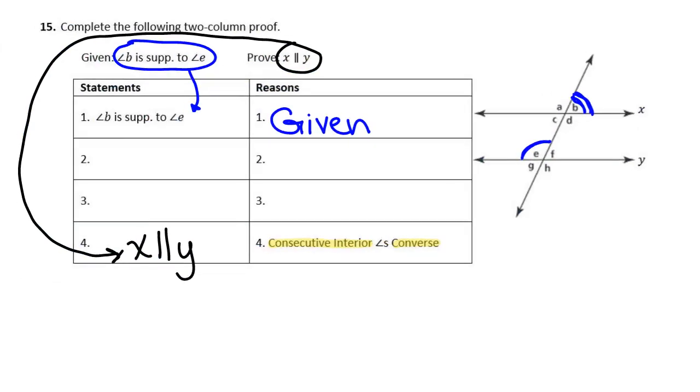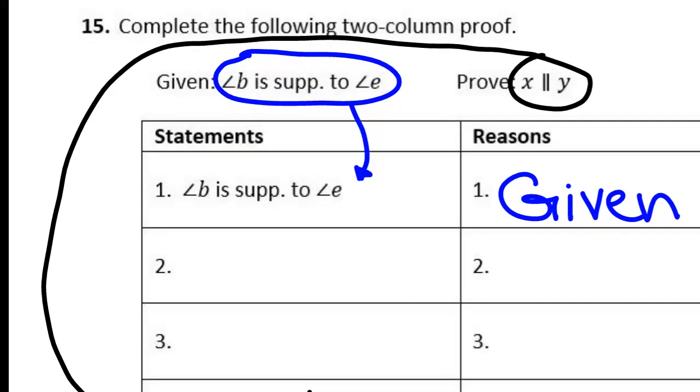I want consecutive interior angles. Is B an interior angle? No. So I'm going to need another angle that is interior. C. Are B and C the same size? Yes.